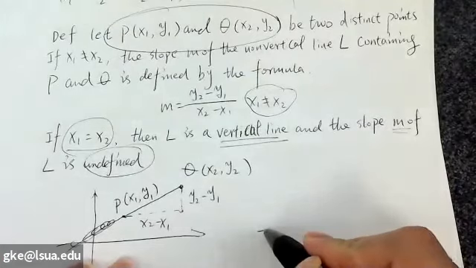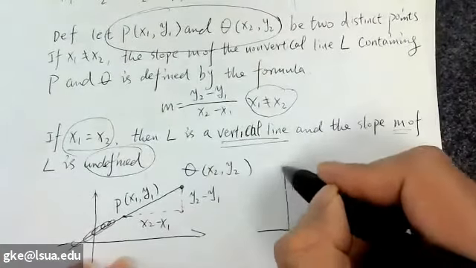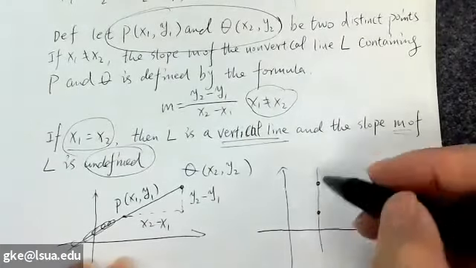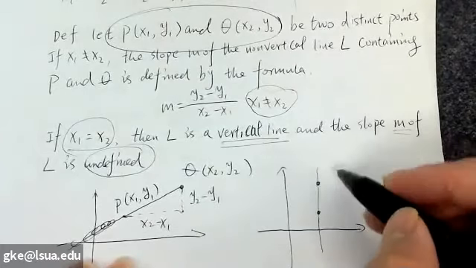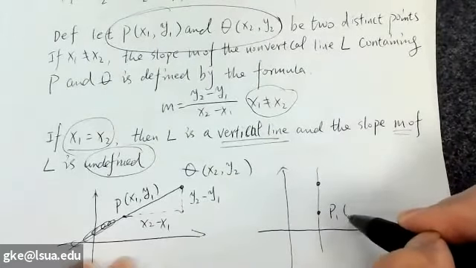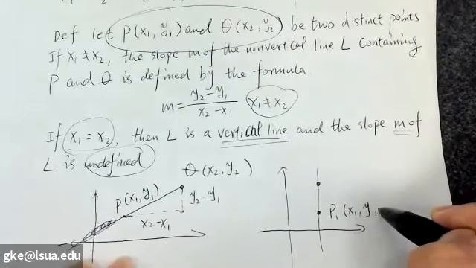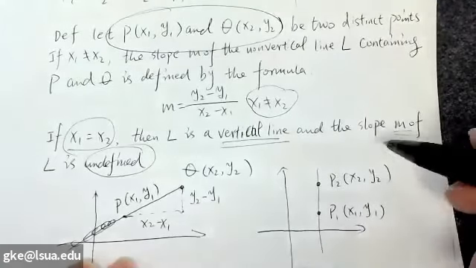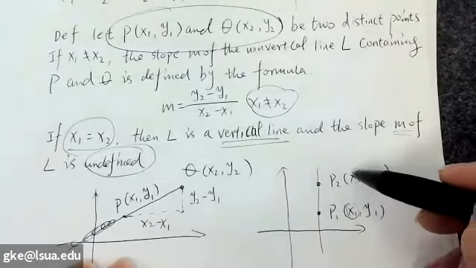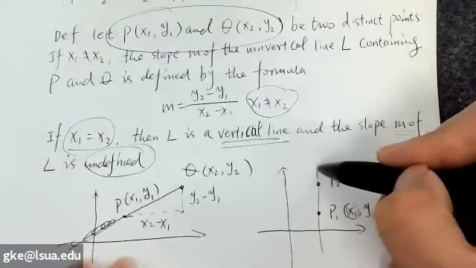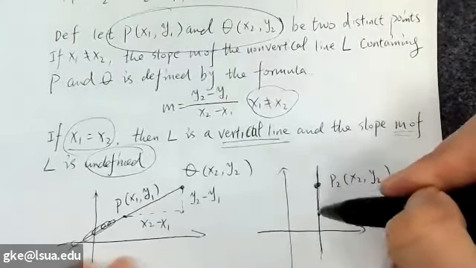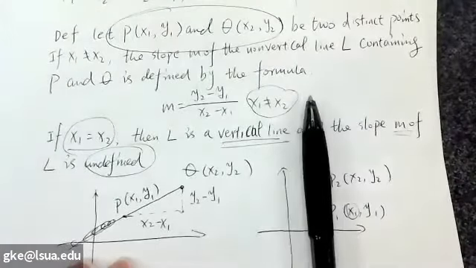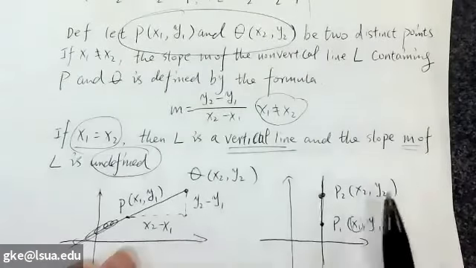Now let's take a look. P1 is (x1, y1), P2 is (x2, y2). For this case, if x1 equals x2, we can construct this line, and clearly it has x1 equals x2.